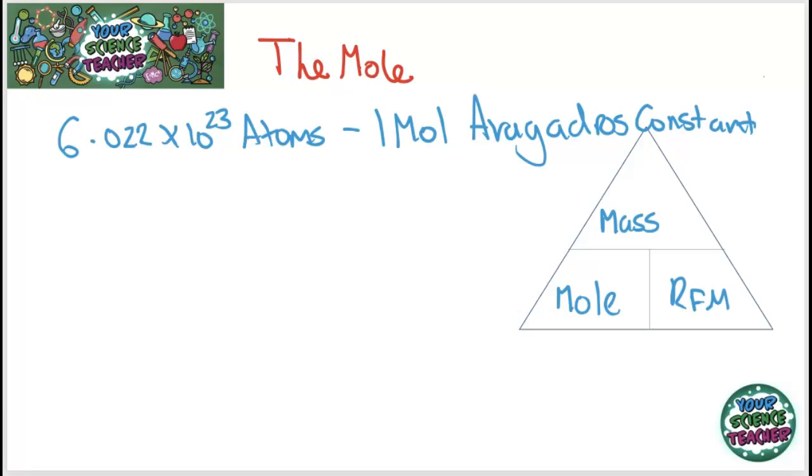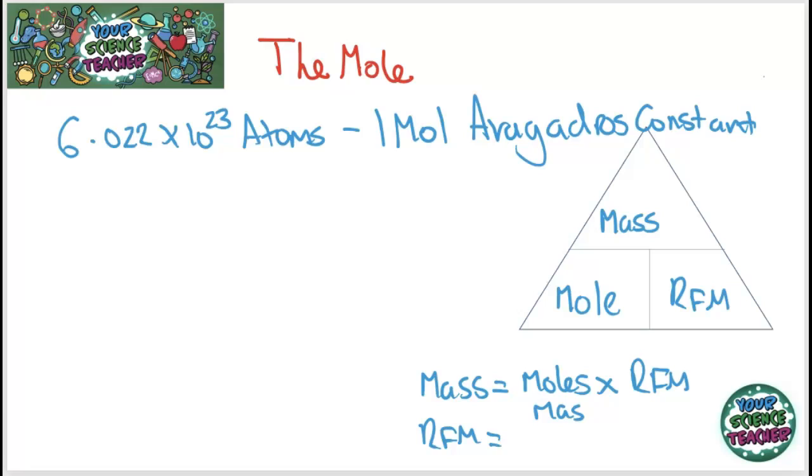For example, if you were trying to work out mass, that would equal moles times the RFM. And the RFM would equal the mass over moles. And the one that we're looking for, the moles, equals the mass divided by the RFM.